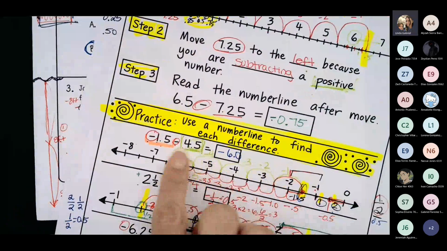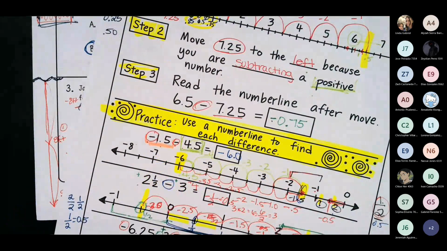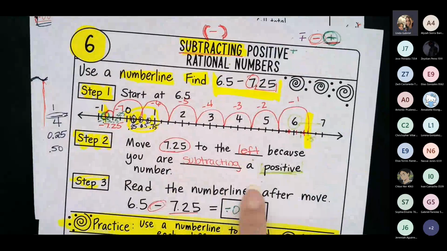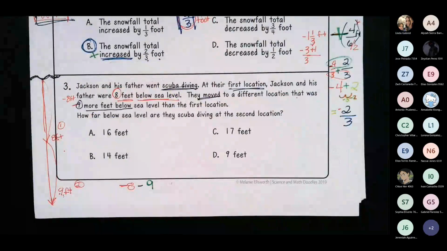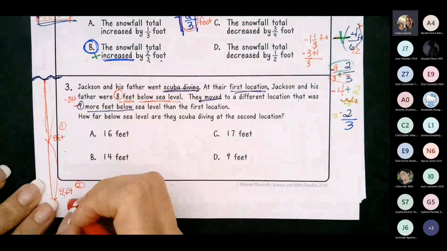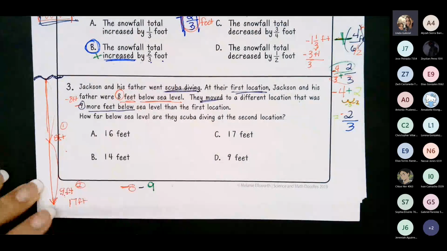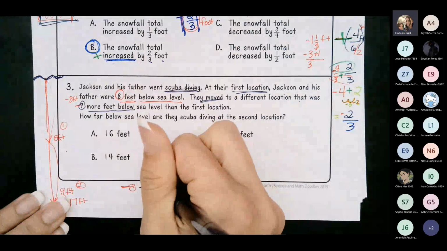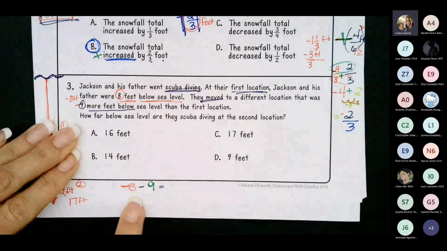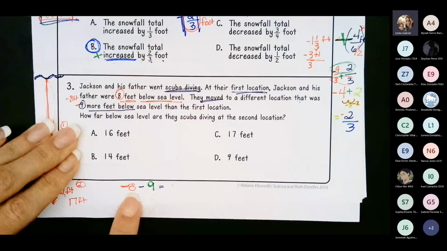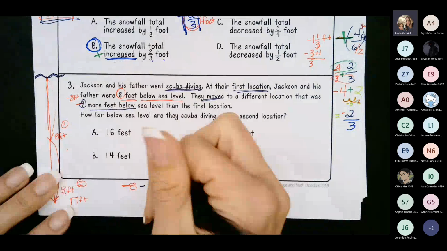So we're negative, we go left. So it's like we're going to subtract a positive number, right? If I look here, I went down 8 feet and down 9 more. Visually, equation-wise, we need -8 minus 9, right? So it's going to be a positive 9.